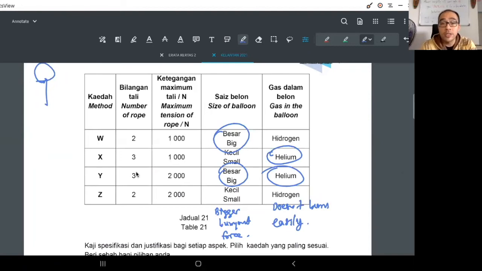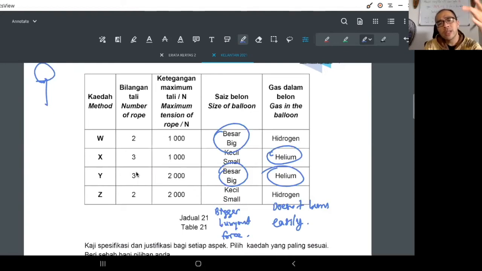It's such a strange question, because the problem with the tension of the rope is that it has to be just nice. If the tension of the rope is too tense, then you will risk the rope breaking. But if the tension is not tense enough, then you'll get the tali yang kendur lah, which nobody likes. Because tali yang kendur means the balloon can go here, it doesn't stay very still lah.